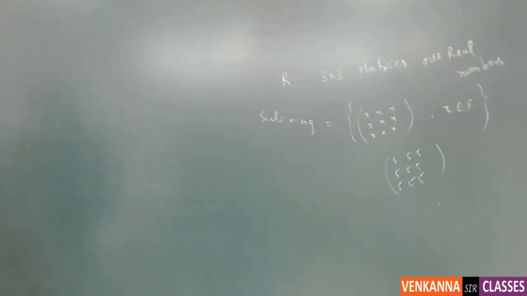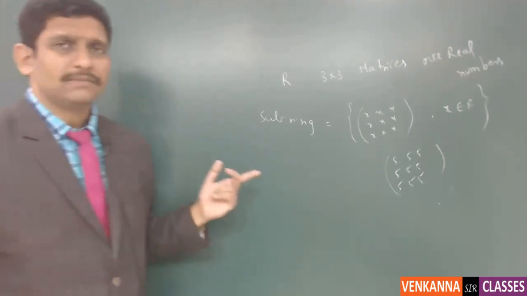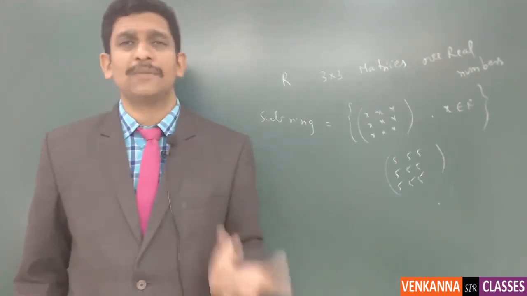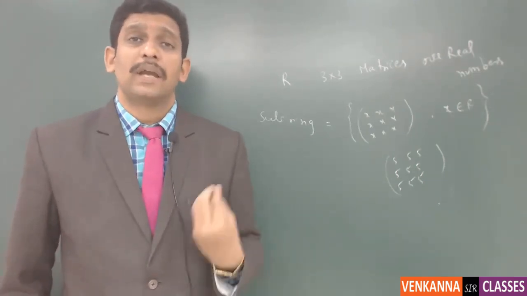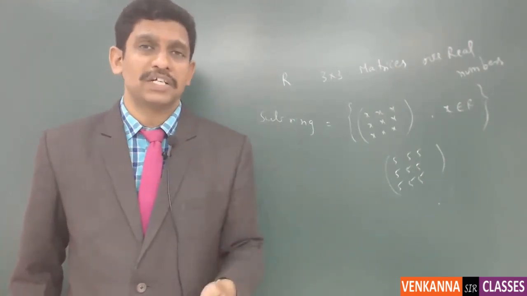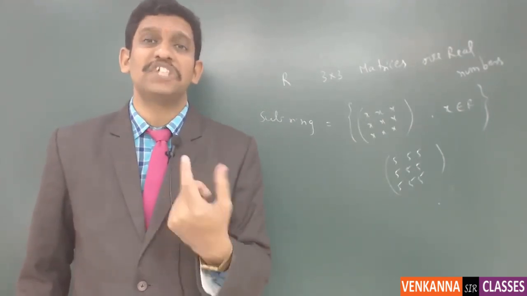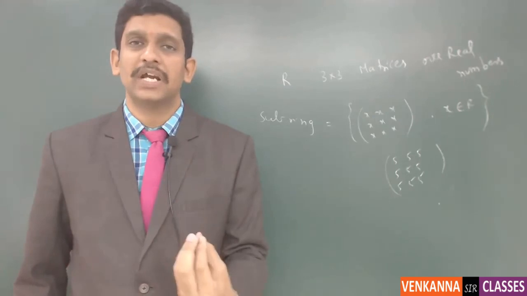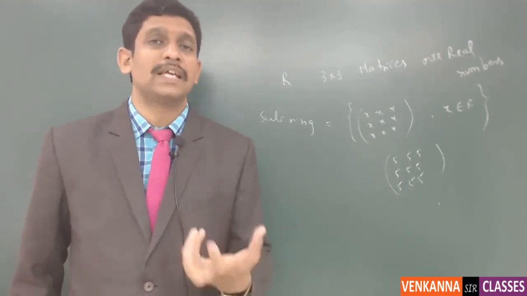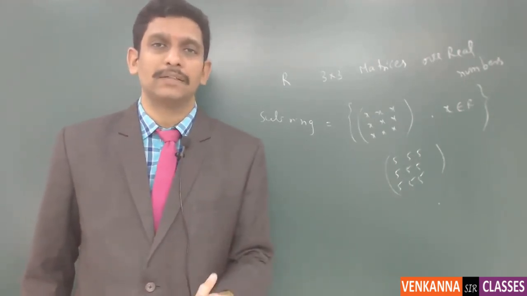Yes or no? If you have a doubt whether it will be a subring, then definitely it is a subring, because we can check all the conditions, the necessary and sufficient conditions, so that the set will become a subring. Can you tell?